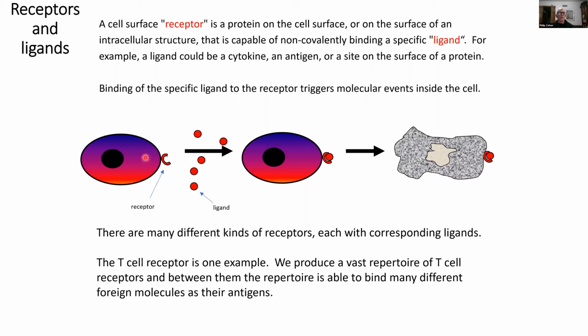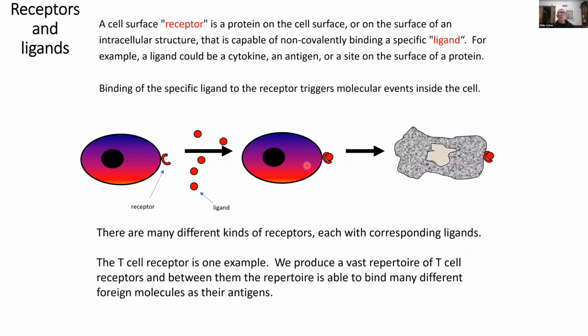When we draw these cartoons, it's like, okay, there's only one receptor, but in fact, there are numerous receptors on the surface of a cell and numerous cytokines that can be bound and numerous responses that can be triggered even at the same time, and they can balance each other or not. So that's the concept. This ligand binds to this cell and it creates a change inside. I sort of represented it here as if it initiates the cell to commit suicide and die in a process called apoptosis.